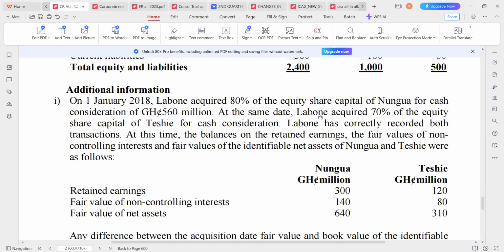At the same date, Laboni acquired 70% equity share of Teshi. Why do you buy companies on the same day? On the same day, 80% in Nungwa and then 70% in Teshi.